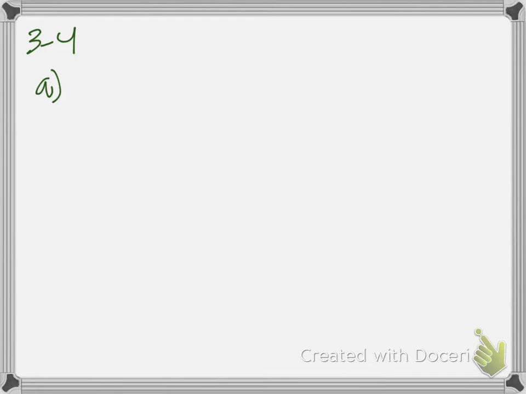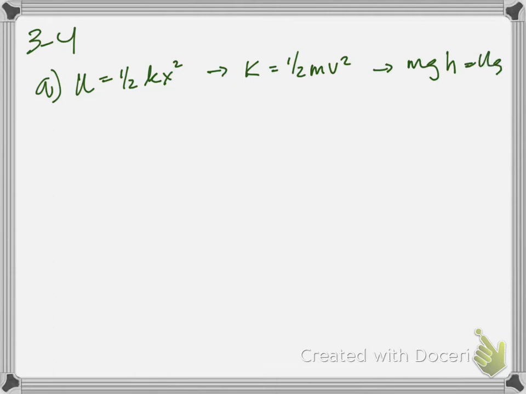And I did it from a conservation of energy standpoint. I said that the energy stored with a spring and mass is 1/2 kx squared. Conservation of energy says that this is converted into kinetic energy, which is equal to 1/2 mv squared. And then the ramp converts that kinetic energy into gravitational potential energy, which is mgh.